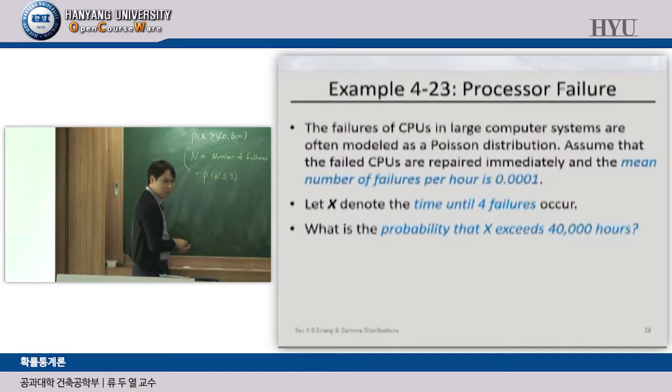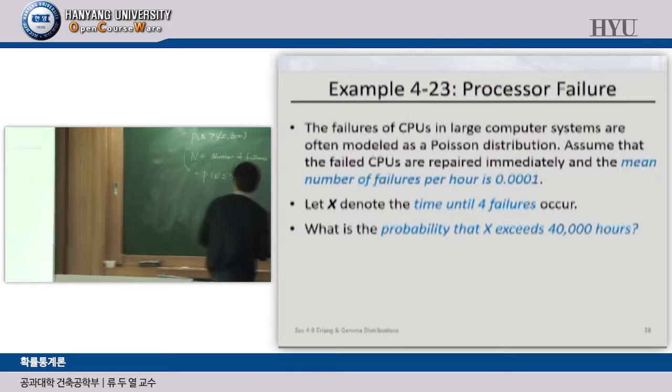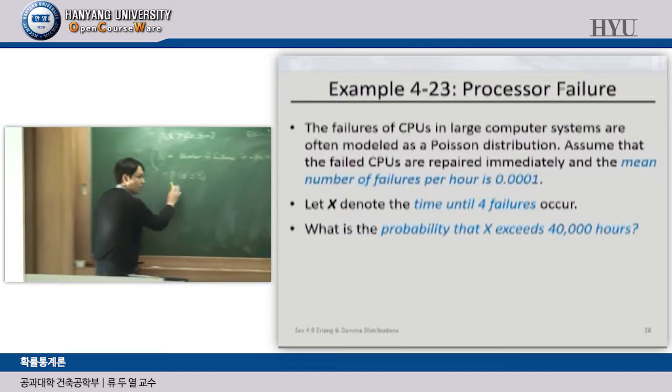Why? Because X denotes the time until 4 failures occur. And the problem was the probability that X exceeds 40,000 hours, which means that in 40,000 hours, there will be 3 or fewer failures. So we have to calculate this problem.